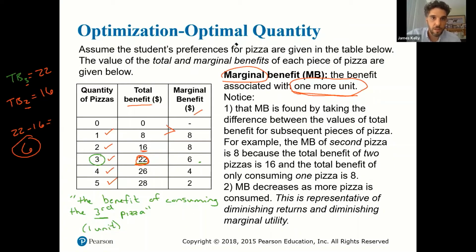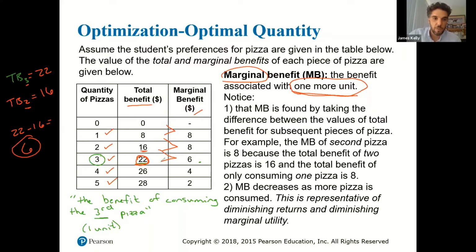The difference between the total benefit when consuming 2 pieces of pizza and 1 piece of pizza, the difference between 16 and 8, is equal to 8. The difference between 22 and 16, like we just said, is equal to 6.